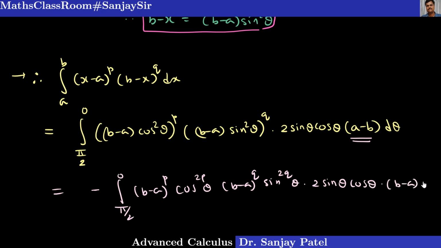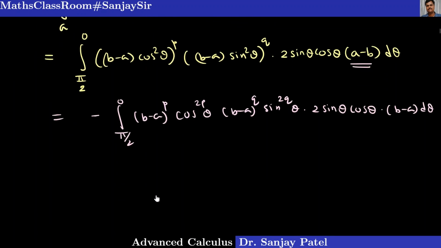I have taken minus 1 as a common factor outside of this integral sign, and now I can change this integral limits to make it plus. So this gives me integral 0 to pi by 2, and one more thing, I can keep all this b minus a power here outside of this integral sign as it is constant.